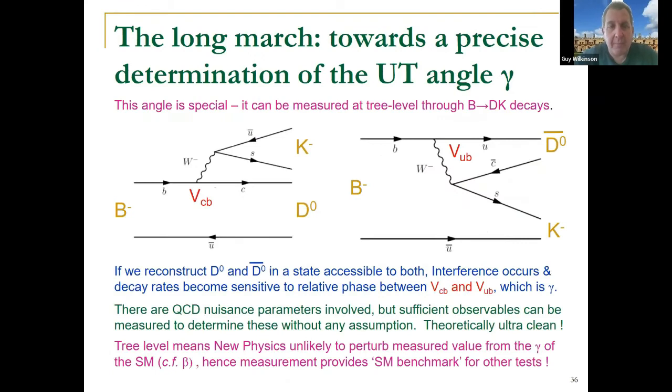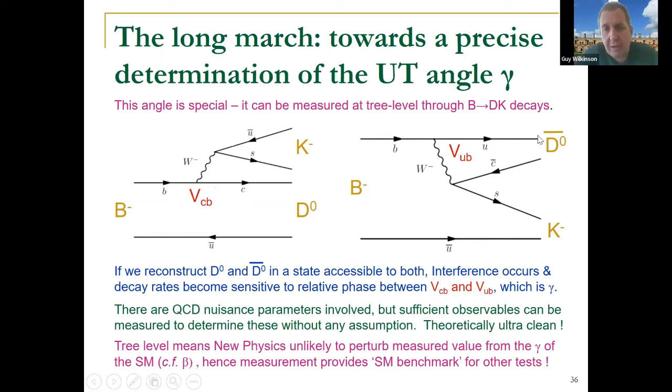So how do we measure gamma? It can be measured in these tree level decays, which makes things special. So you have two diagrams here, B minus to K minus D0, and B minus to D0 bar K minus. This involves a Vcb vertex, it's the dominant amplitude. This is a Vub vertex. This is D0, this is D0 bar.